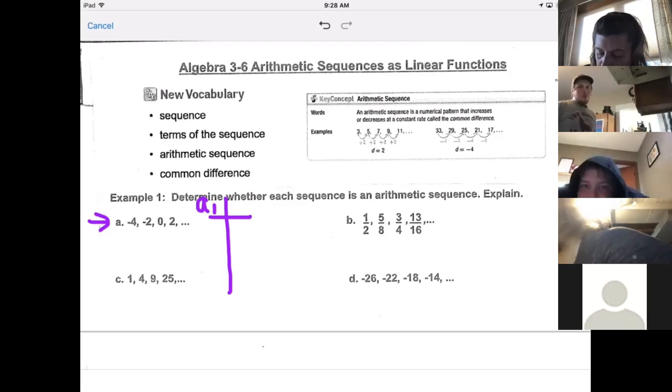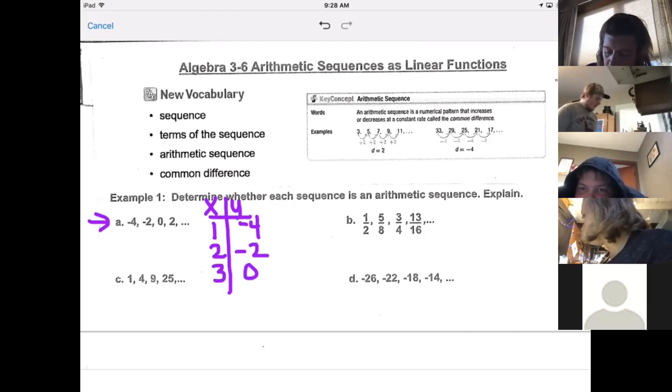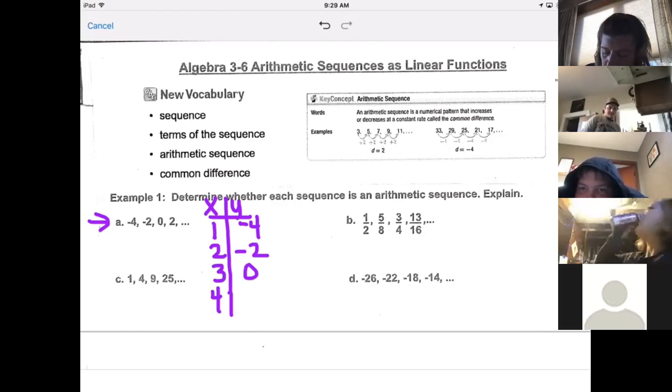And this is going to be the term itself. Wait, no, hold on. I lied. Let's just do an XY there. Term 1 is -4. Term 2 is -2. Term 3 is 0. Term 4 is 2.